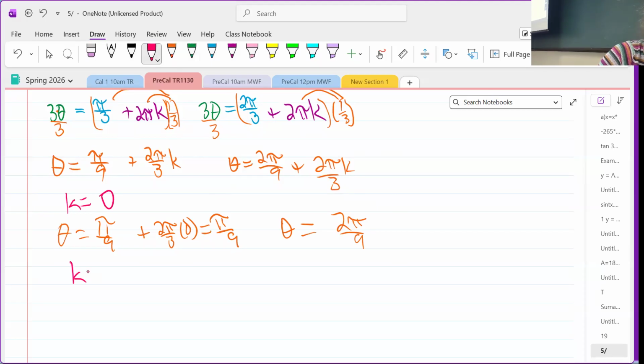Now my next k value, now I'm going to actually have some fractions to work with. So I have pi over 9 plus 2 pi over 3 times 1.